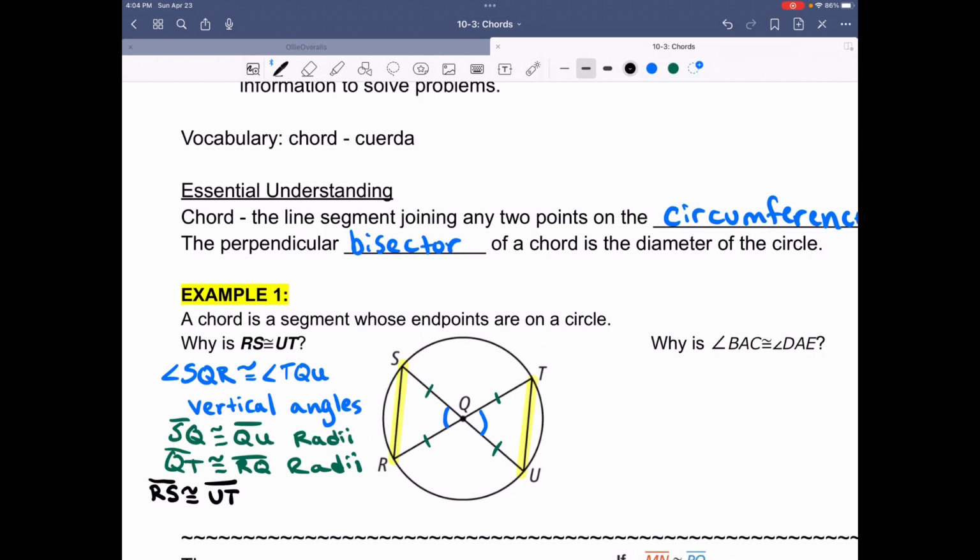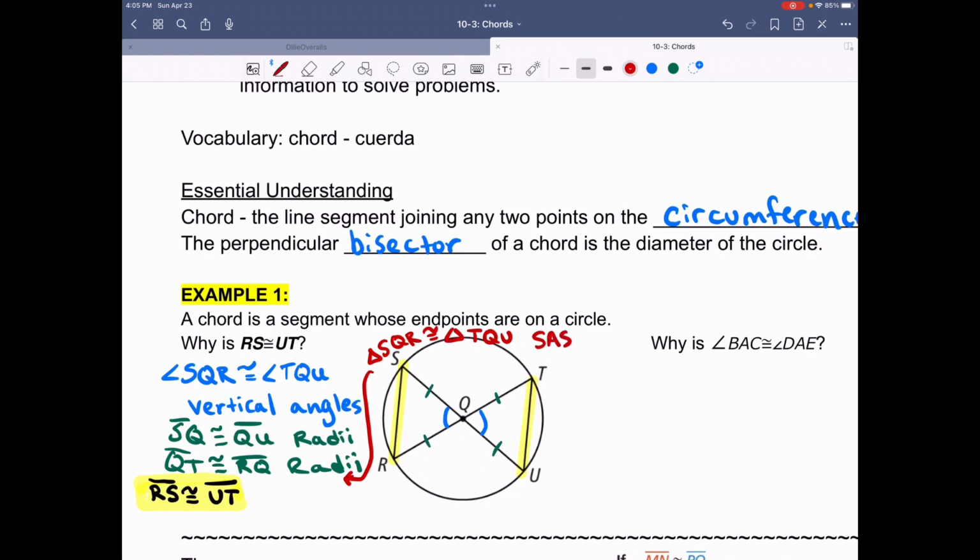I guess we would have to say that the triangles are congruent before we said that, but I'll fit that in right here. Before this statement that the sides are congruent is that triangle SQR is congruent to triangle TQU because we have a side angle side.